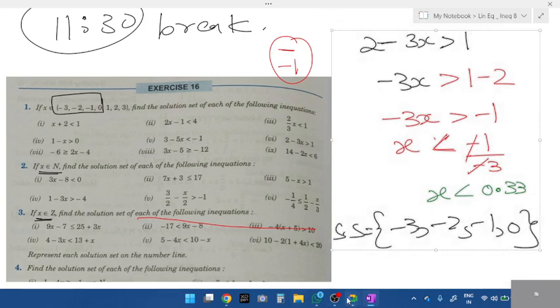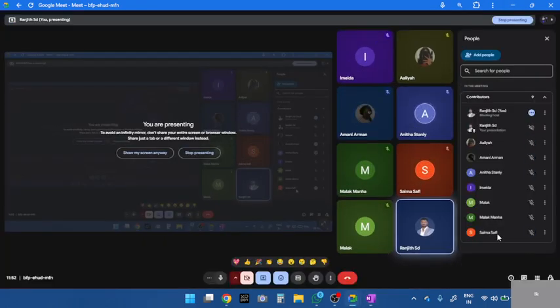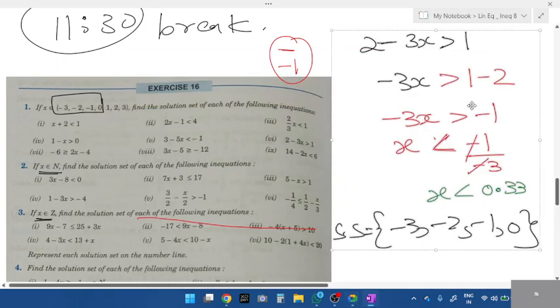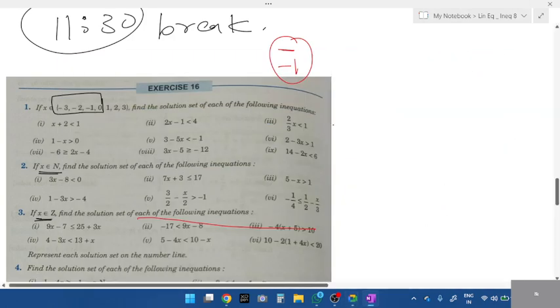Amani done? Saima, Amani, any doubts? Okay, last question today. Remaining you all can do it.